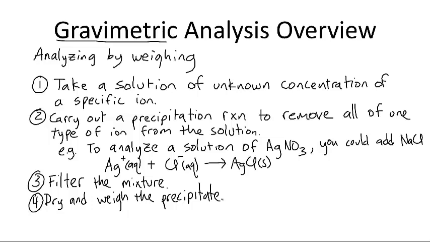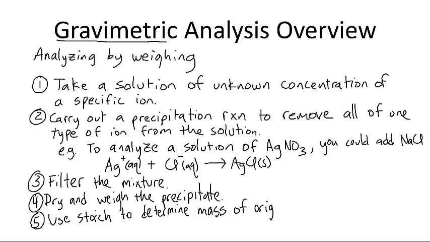Once you know how much precipitate was there, you use stoichiometry to figure out what the concentration of the original solution was. Oh, not mass of the original solution, concentration of the original solution.